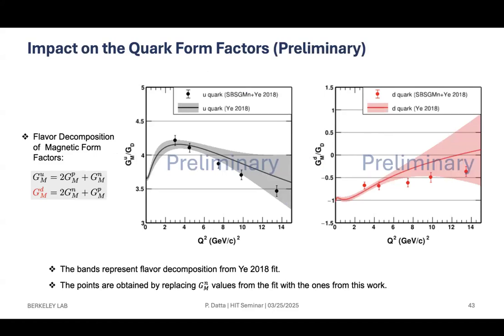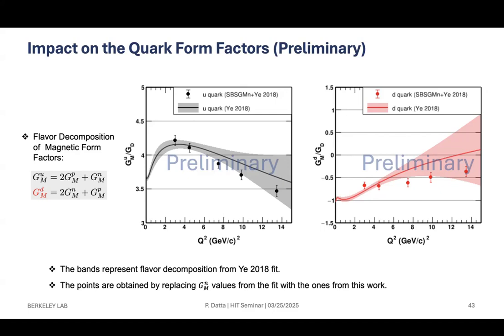Here we did a flavor decomposition of the magnetic form factors of the quarks to get GMU, the magnetic form factor of the up quark in black here, and the magnetic form factor of the down quark in red here. This band is from the decomposition from the global fit of all four form factors.